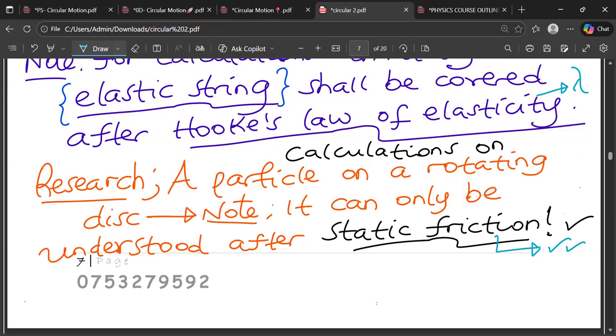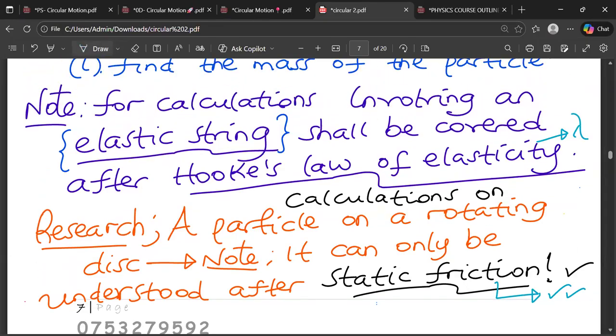You get? So that's my advice. If you understand static friction, go ahead and research. It will be very obvious. If you understand Hooke's law of elasticity, you can research. But I cannot just waste time to cover them right now, since we have not covered Hooke's law of elasticity in detail, and we have not covered static friction in detail. But those who are conversant with those, I've given you a go ahead.